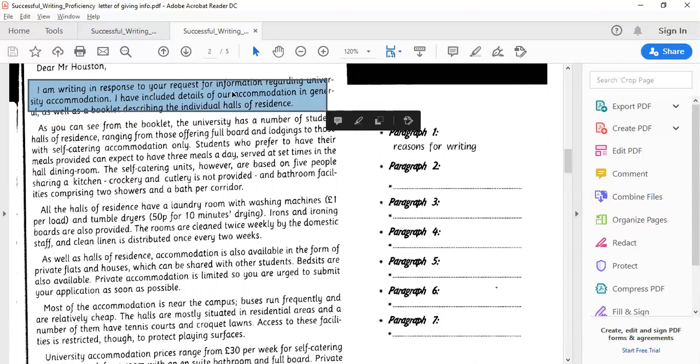If you go through the first paragraph, you will conclude that it talks about the reason why this letter is being written. So the reason for writing is explained in the first paragraph.